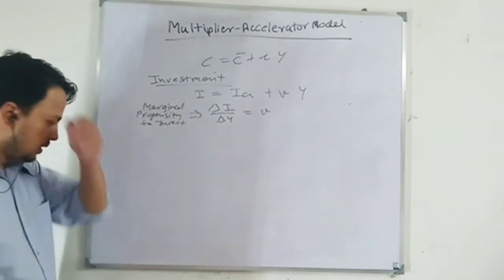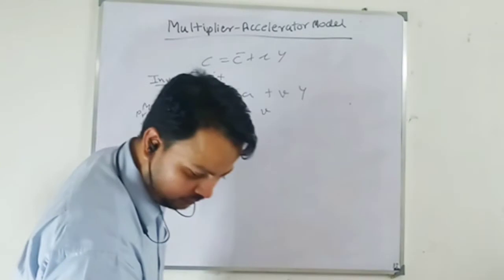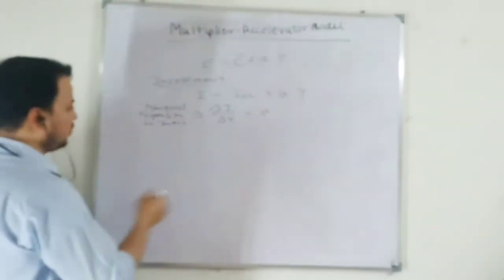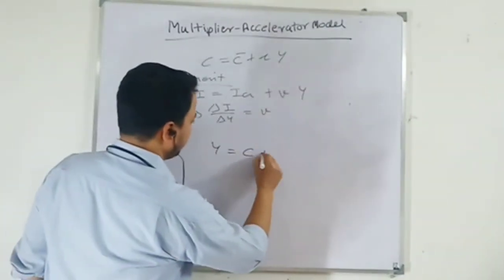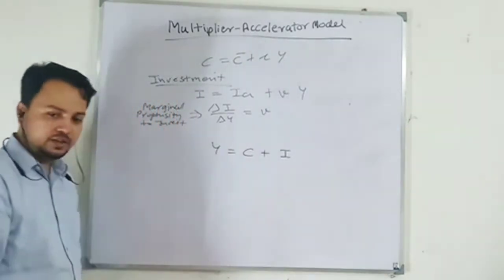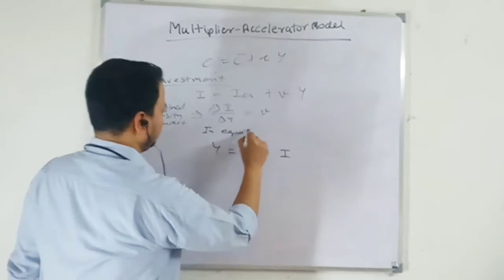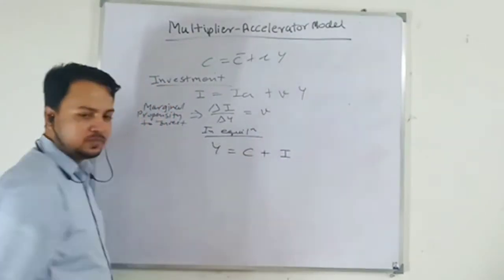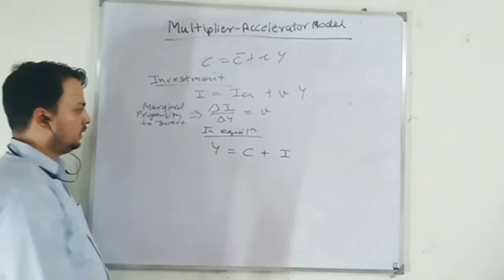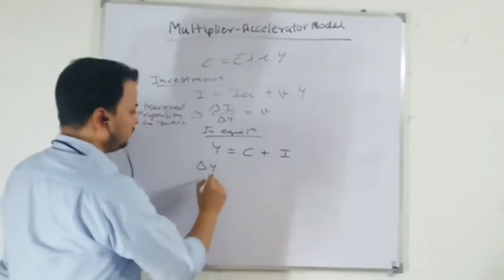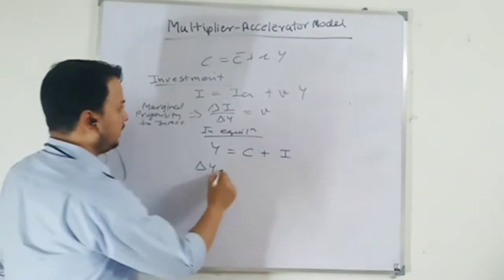Now we know Y equal to C plus I in equilibrium. Everybody knows. So I want to look at the change in income. Here look at it.